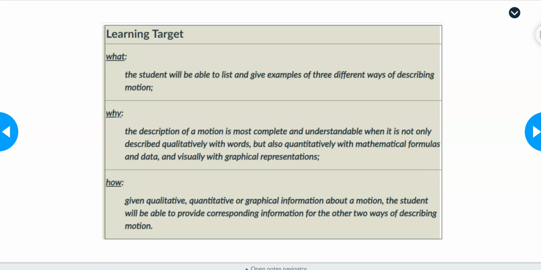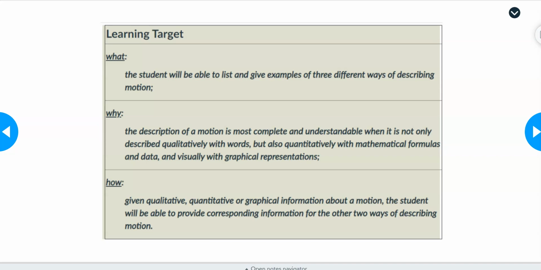Okay, so learning target. The student will be able to list and give examples of 3 different ways of describing motion. And the reason that we want to do this is that the description of motion is most complete and understandable when it's not only described qualitatively with words, but also quantitatively with mathematical formulas and data, and visually with graphical representations.